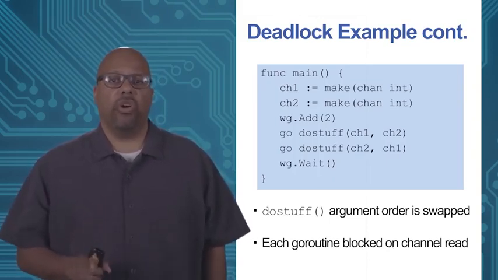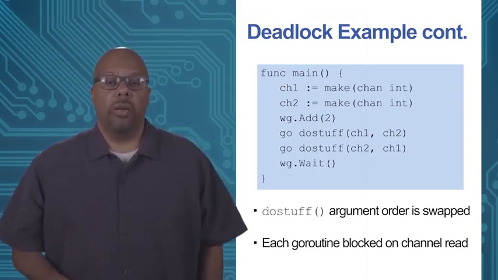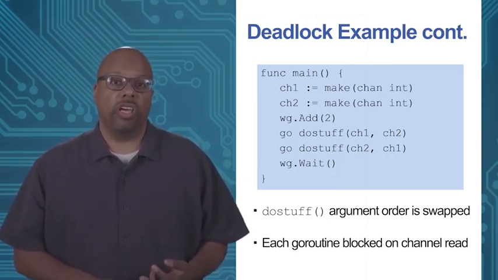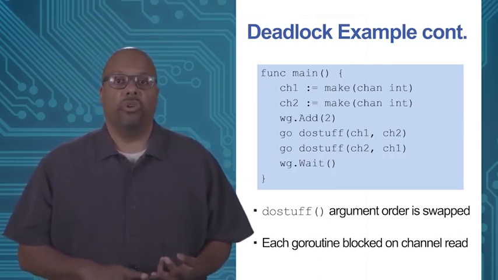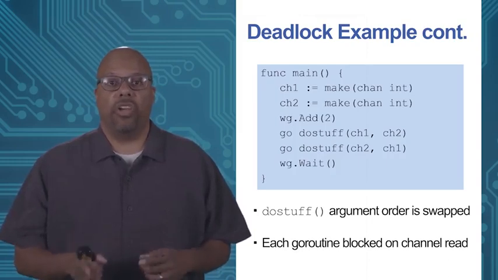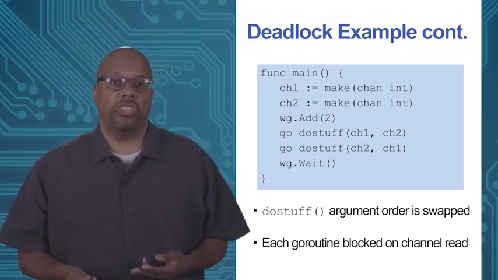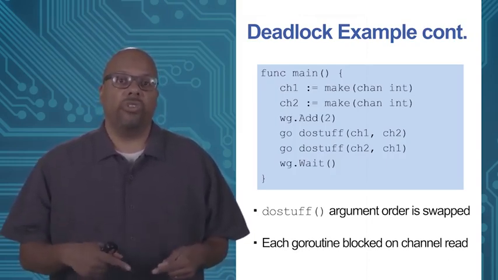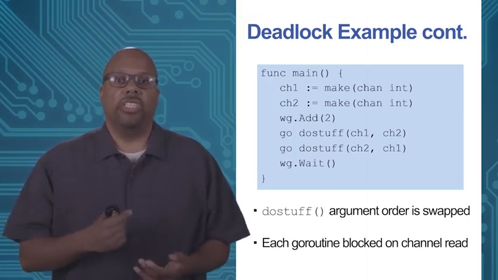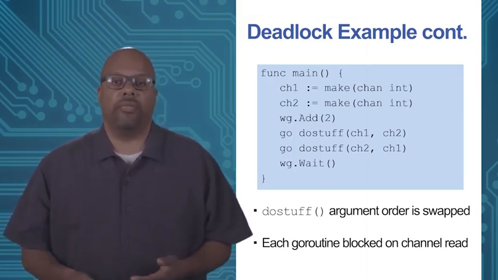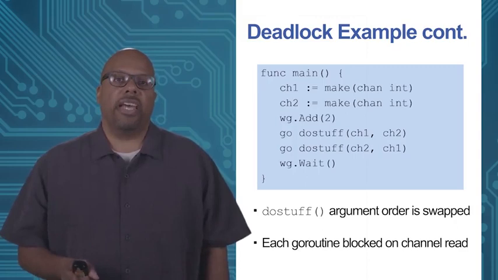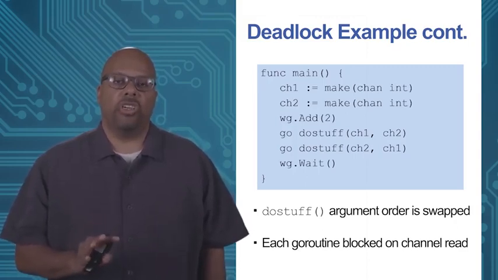Now, notice they both take two arguments, CH1 and CH2. But for the first Go routine, the first go doStuff, the order of the arguments is CH1 first, CH2 second. Then for the second go doStuff, the order's changed: CH2 first, CH1 second. So remember doStuff that we just saw.